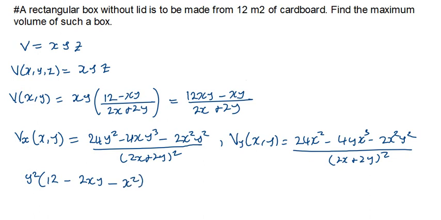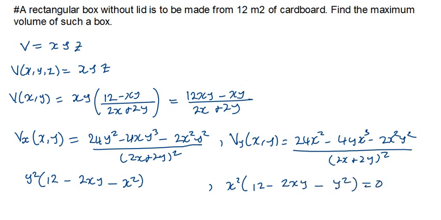We do the same on the other side. It's going to be x squared times (12 minus 2xy minus y squared) equals what?